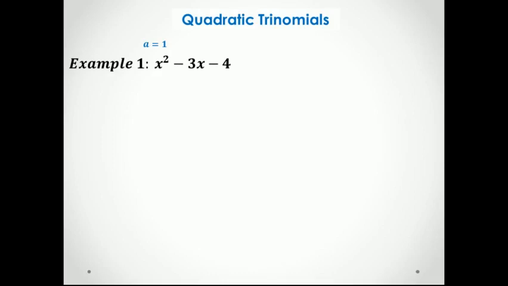The coefficient of x is -3, which is b, and the constant term, c, is going to be -4. So we want to find two numbers that will give us the product, which is a times c, that's -4, and a sum of -3.